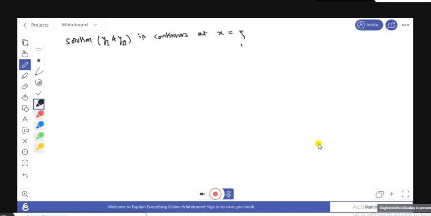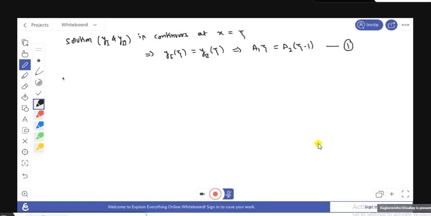Okay, so your Green's function is continuous at x equals xi, meaning y will be continuous. So this implies y1 at xi equals y2 at xi. So this implies a1 xi equals a2 (xi minus 1). Suppose this is equation number 1.